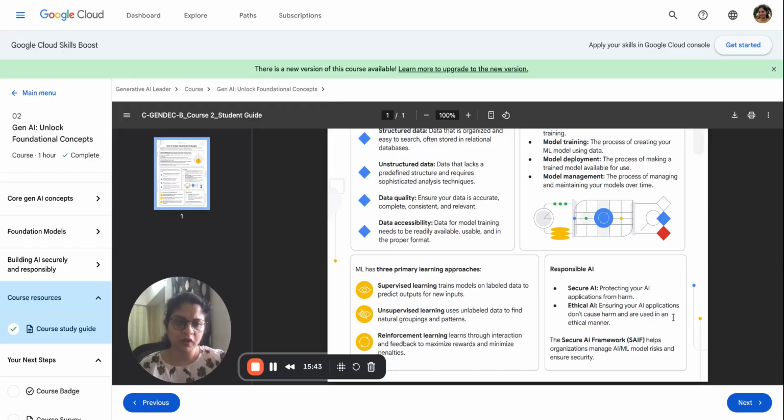When we say secure AI, that means protecting your AI application from harm, and ethical AI means ensuring your AI application doesn't cause any harm and is used in an ethical manner. This is a core concept of responsible AI. And then the Secure AI Framework, which is Google's own framework used to manage AI ML model risk and ensure its security.